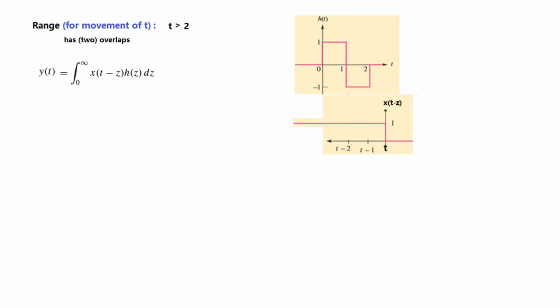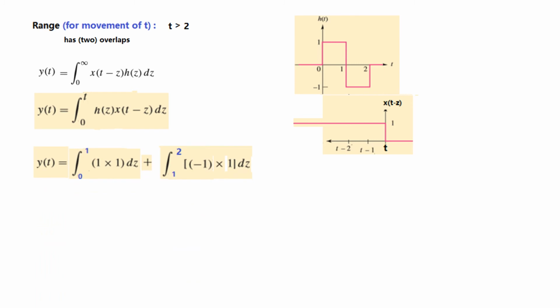Again this is the original formula of integration. The limit we should take is from 0 to t, but as we mentioned, the overlap is between here. So from 0 to 1 is an overlap of positive 1 and positive 1, plus from 1 to 2 there is an overlap of negative 1 and positive 1.